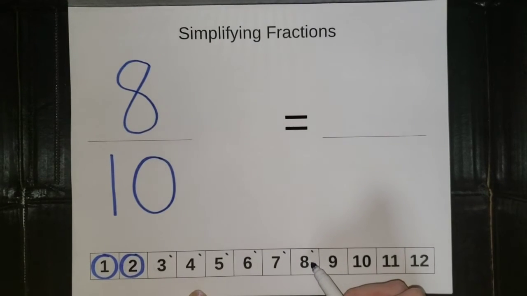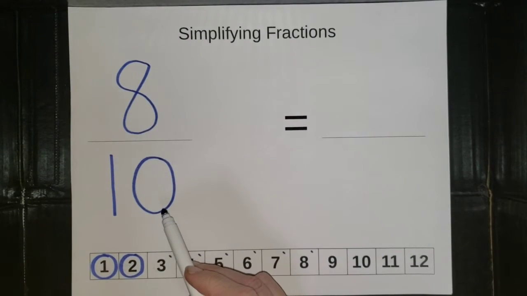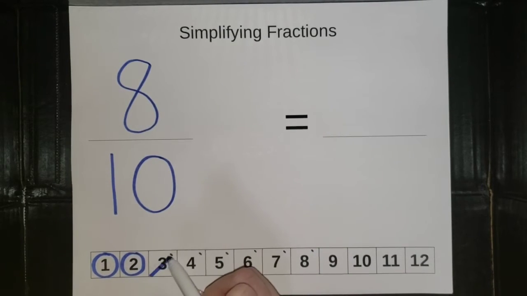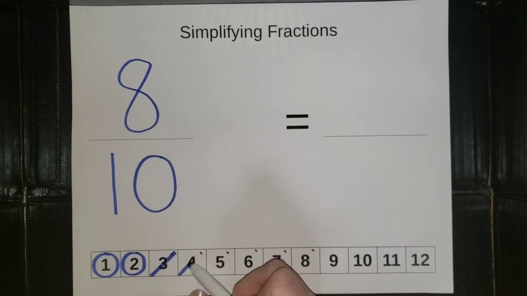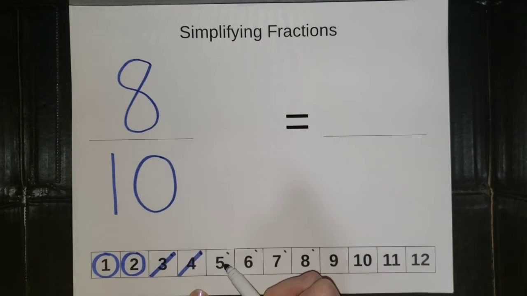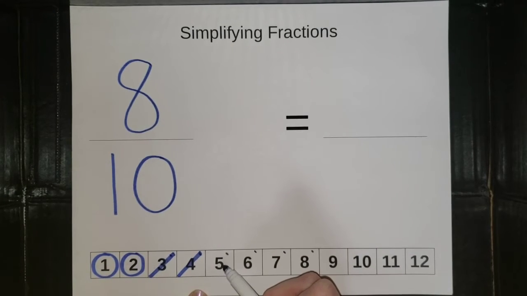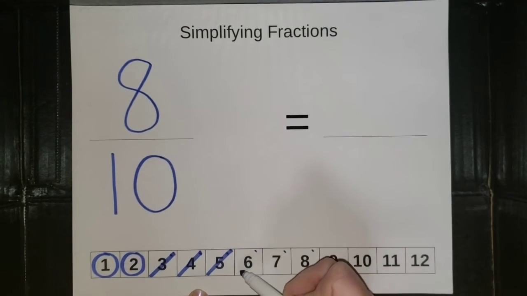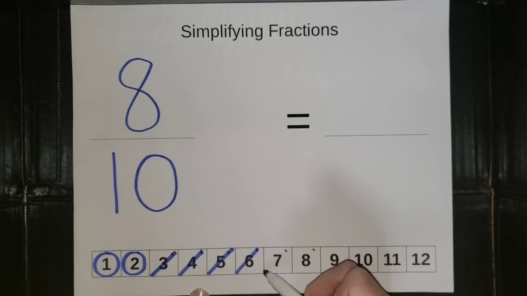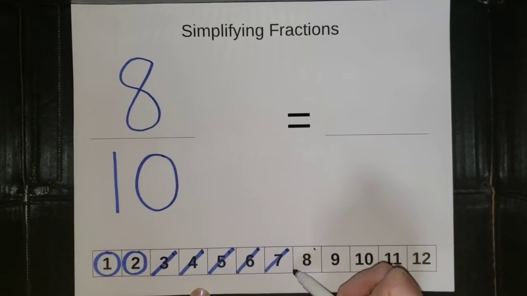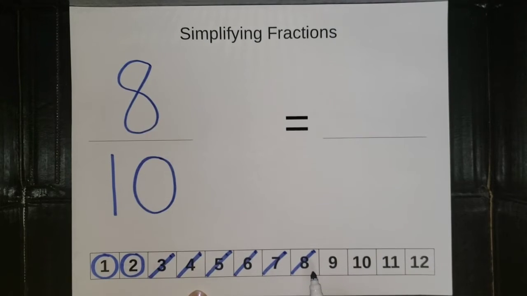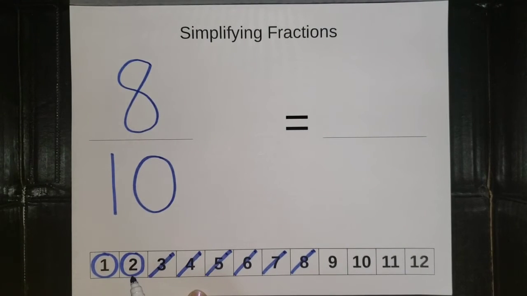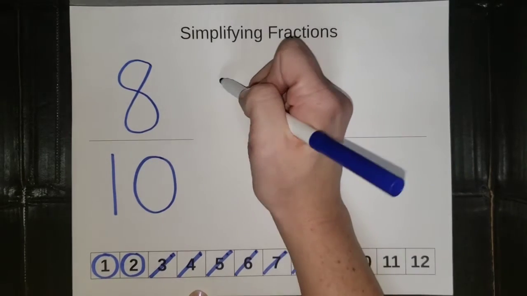But I'm not going to mark it yet because I need to see if it's also a factor of 10. 3 I know is not a factor of 10. 4 is not. 5 is a factor of 10, but it's not a factor of 8. So it's not a common factor. And we can also eliminate the rest as well. We don't need to go further than 8. So in this case, 2 is the greatest common factor.